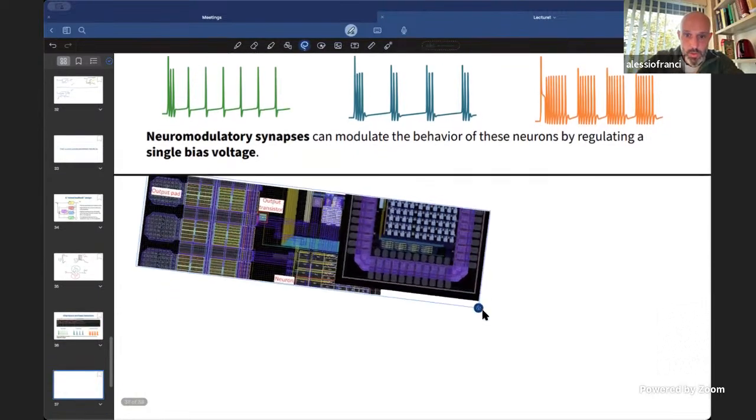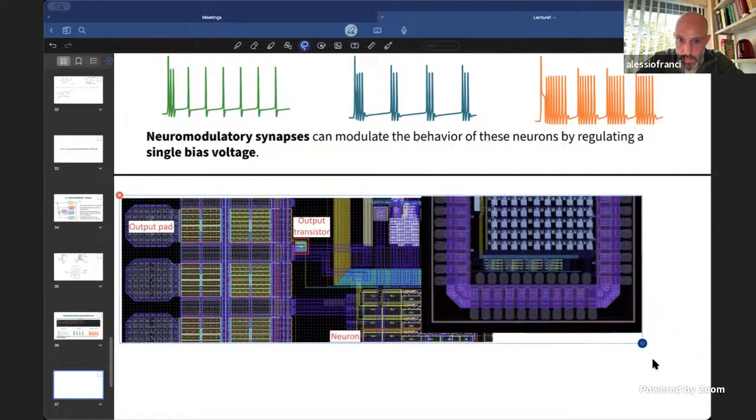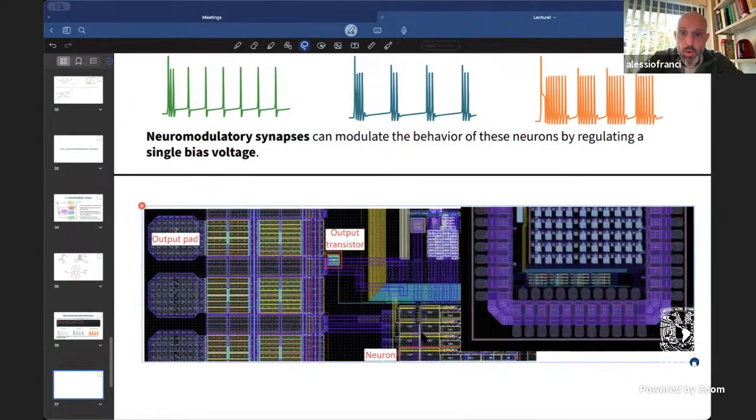Okay, so just to give you an idea, this is what you would do if you design chips. You will basically be drawing transistors and capacitors. Maybe you can see here these little squares. Those are capacitors. Maybe here, if you zoom more, you will see transistors.